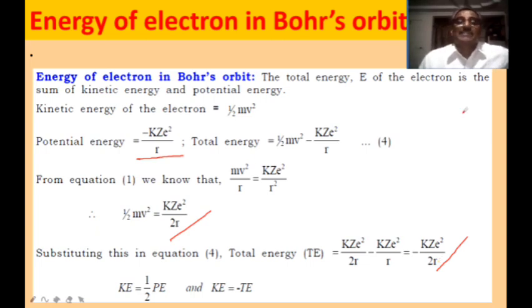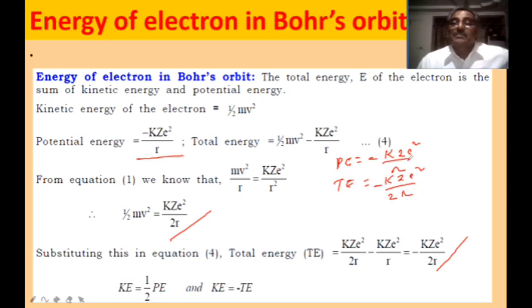Let us compare these values. Here potential energy is equal to minus kZe square by r. Total energy is equal to kZe square by 2r, minus kZe square by 2r.